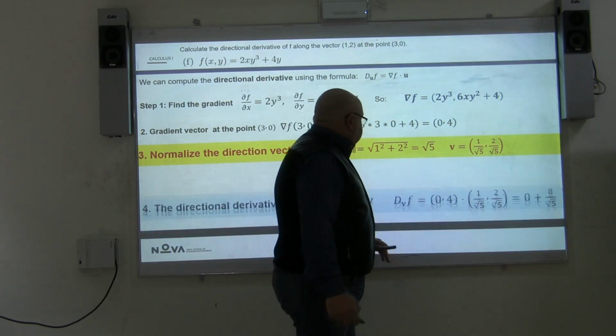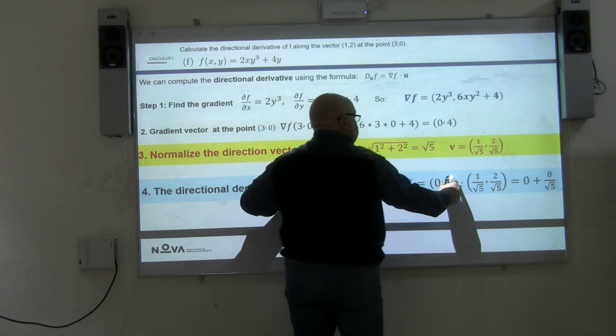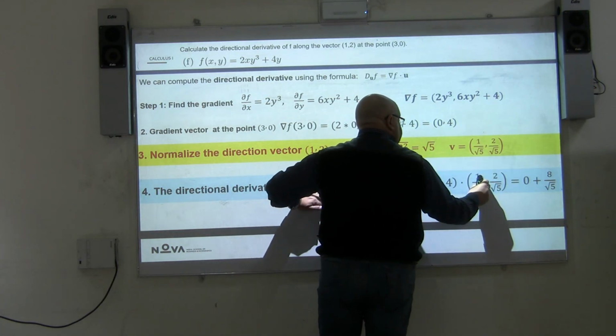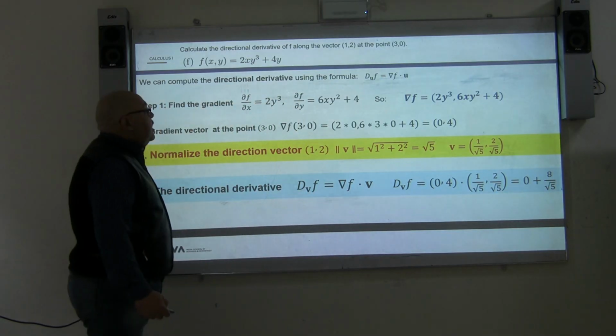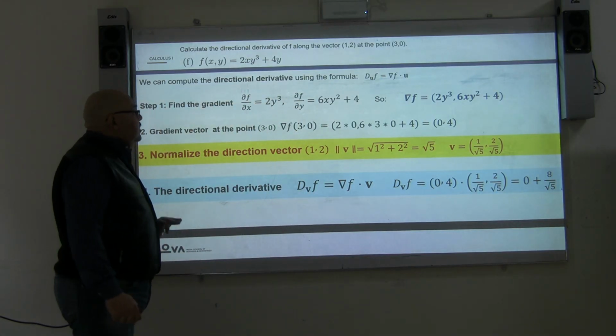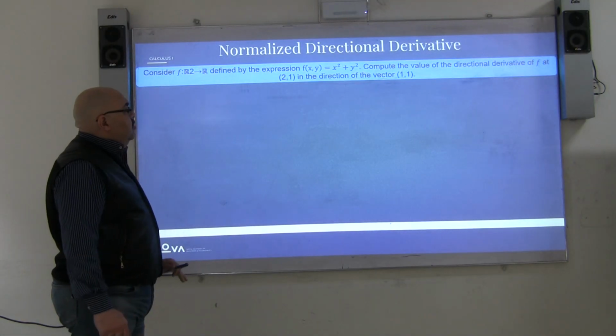Then I will multiply them together, applying the rule. So (0, 4) dot the normalized vector comes to 8 over root 5, as you can see. I usually prefer to use the unit form of my vector, and this is how I will get the value of the directional derivative, using the unit vector.